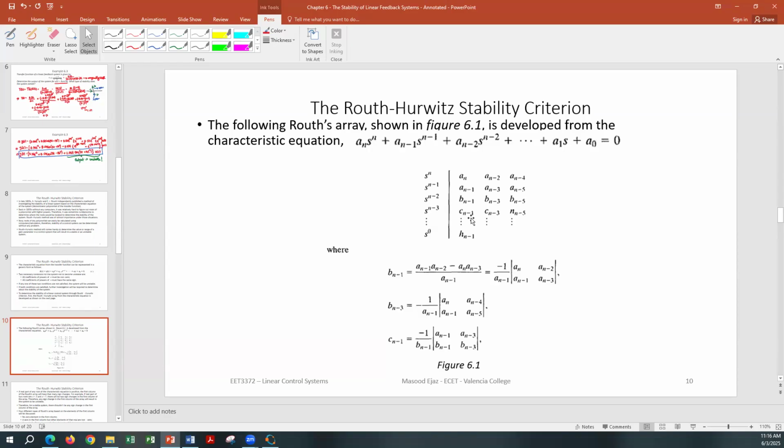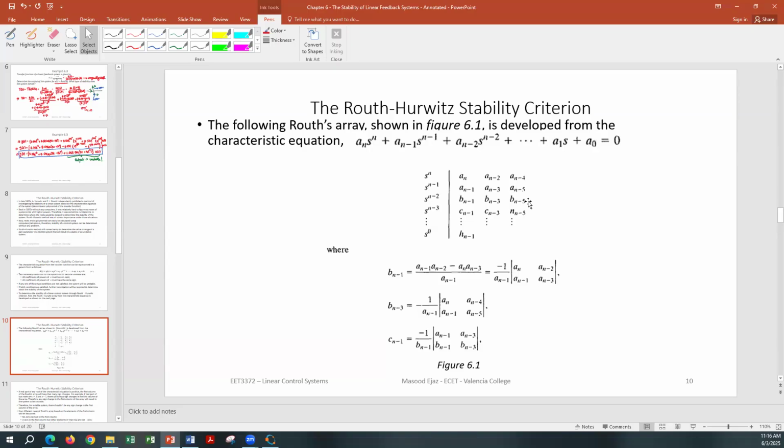In the second line, you start with the second coefficient, skip one, write down the next one, and so on. So the first two lines come from the characteristic equation.